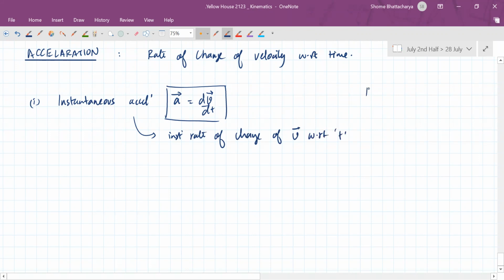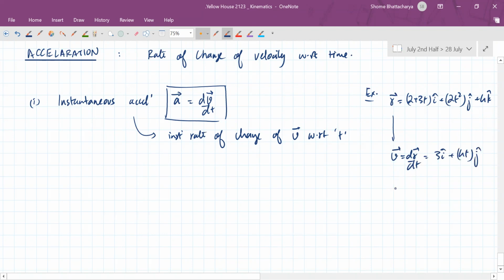Again, in that example, because our position was like this, it's getting boring using the same example time after time, but anyhow, we'll see more examples later also. So we saw that the velocity, which you can get by differentiating this, was 3 i cap plus 4t j cap.